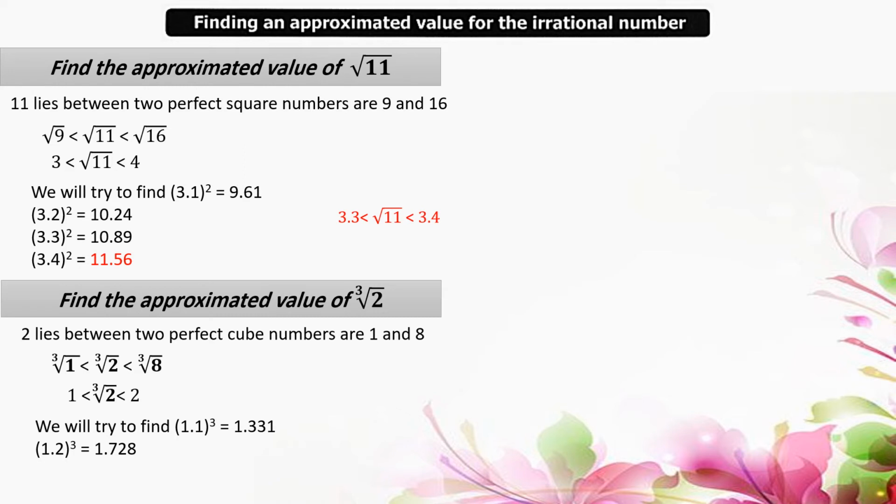Then 1.2 power 3 equals 1.728. 1.3 power 3 equals 2.197. Then the number 2 lies between 1.728 and 2.197. In this case, the cube root of 2 lies between 1.2 and 1.3.